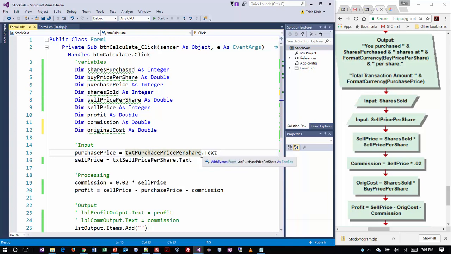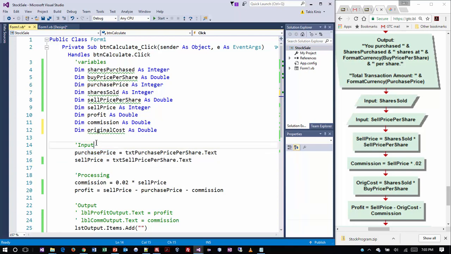When I changed the name of it, it went into the code, found it, and changed it for me. Be aware of that. That can be a good or a bad thing. In this case, I would generally say it's a good thing, but it's certainly not equivalent to the purchase price.